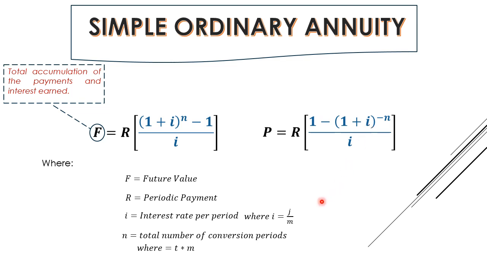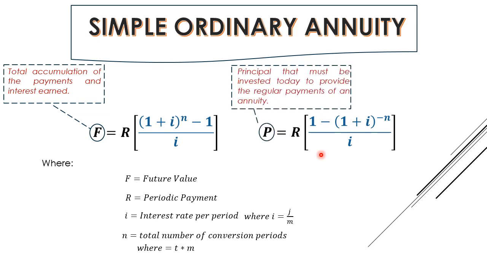The i still stands for the interest rate per period, and n is still the total number of conversion periods. So this is the formula for the future value and the present value of the ordinary annuity. Again, the present value is the principal that must be invested today to provide the regular payments of an annuity.